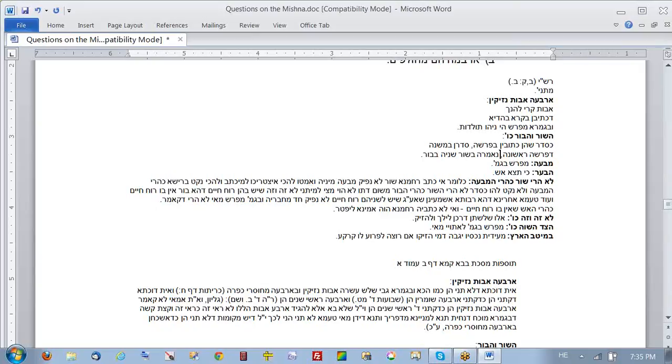You start with Zeraim, and then Moed, and Nezikin, and then Nashim. There's a certain progression of concept over there. What it is, how it works, we have to speak about. But the Mishnah likes to talk conceptually. Like here, there's 4 avos. There's a conceptual problem that we're going to have here, which is, why do I need 4 avos? That's the conceptual problem that the Mishnah is handling.